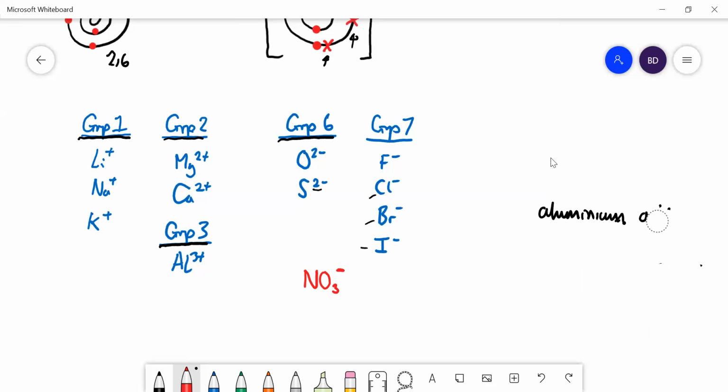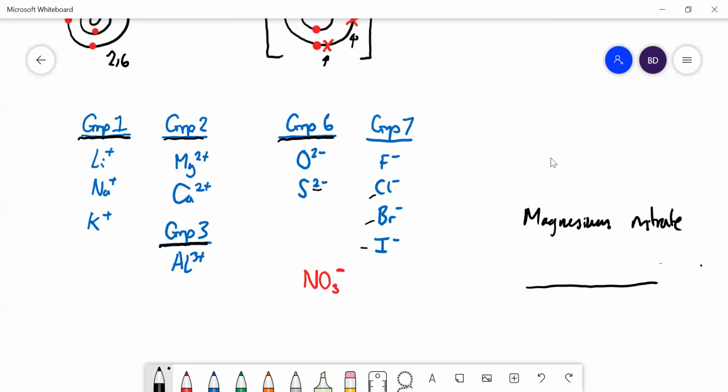So let's try and see what would be the formula of magnesium nitrate. So magnesium nitrate, do our seesaw. Positive ion, we've got Mg2+ on this side, and we've got NO3-.